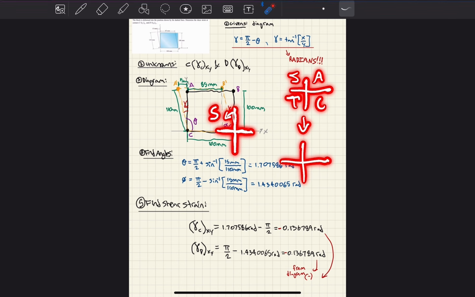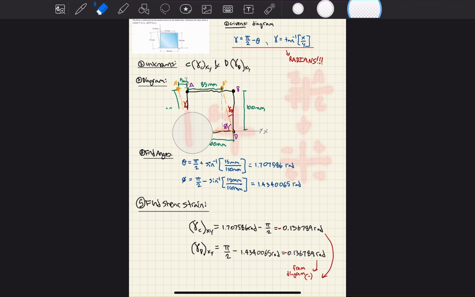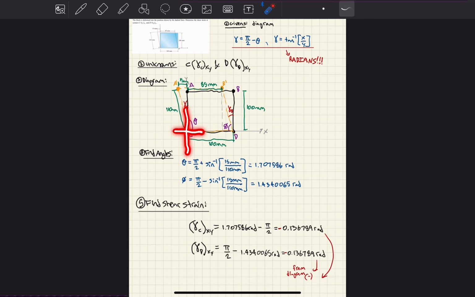If we're looking at the tangent function, this is positive, negative, right? It drops into the sine quadrant, and therefore it is negative, okay? Similarly over here, I have positive, negative, it drops into the sine quadrant, the negative quadrant, and that's why my answer is negative, okay?